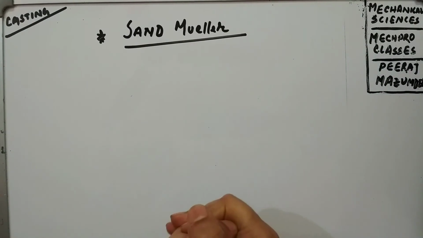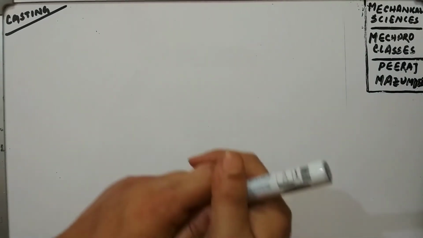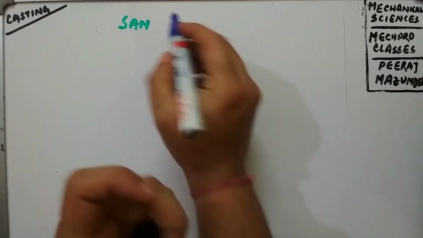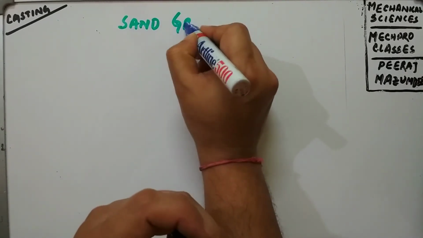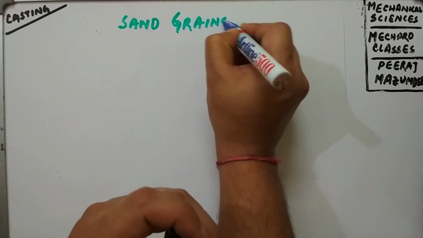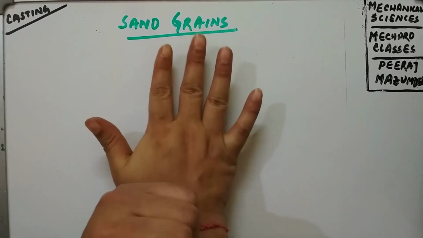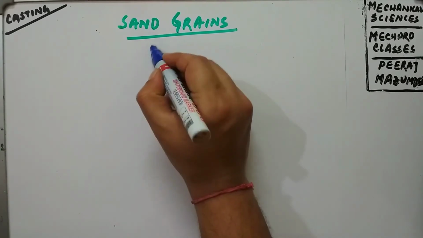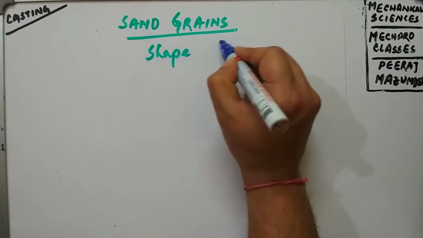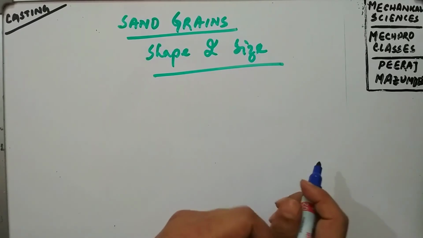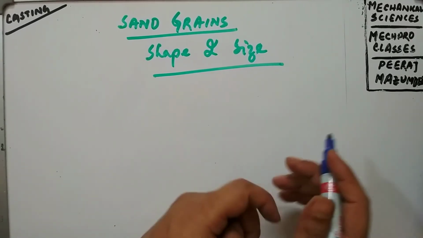Okay, now as I told you earlier, the shape and size of the sand grains that we use in the preparation of molding sand hugely affect the molding properties and the casting properties as well.